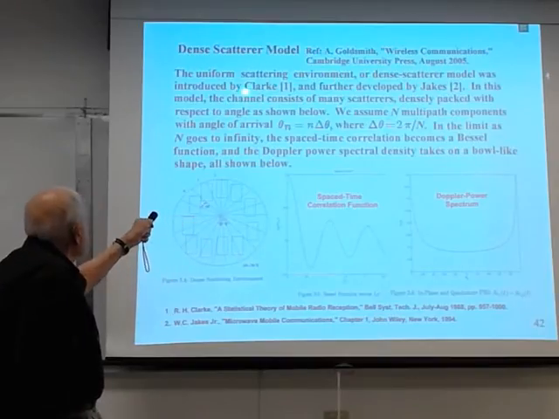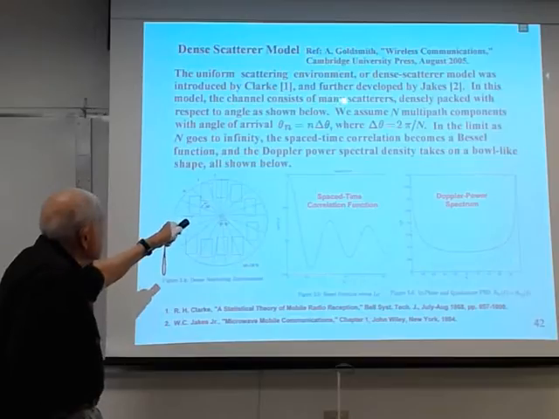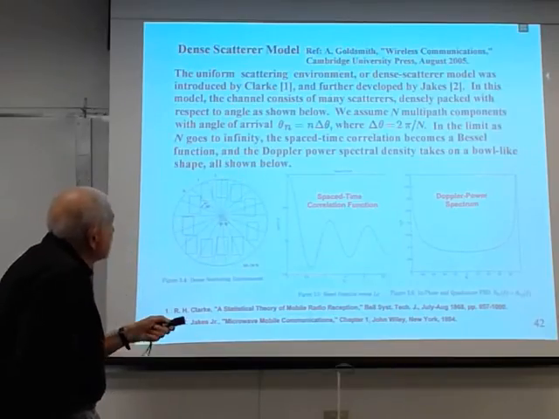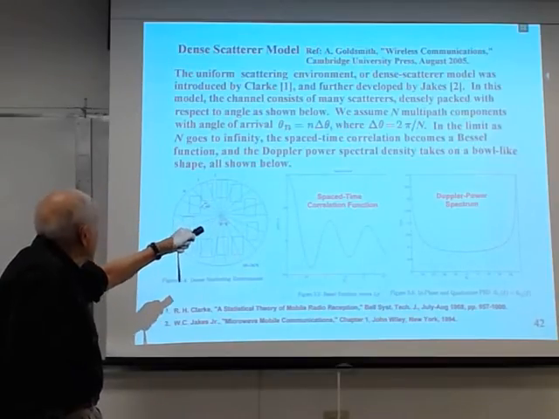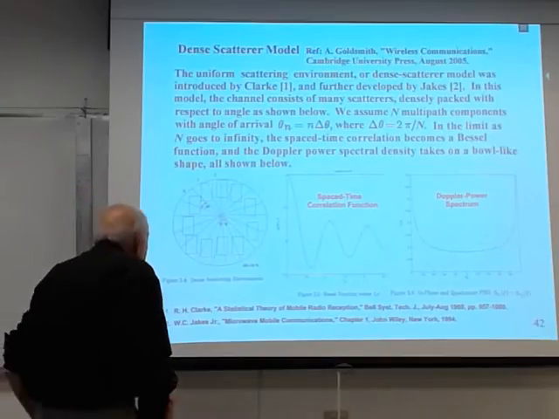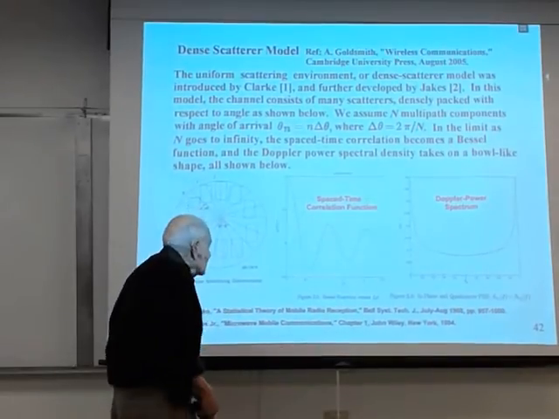Here's what the uniform scattering environment is. The scattering model was introduced by Clarke and by Jakes, and in this model, the channel consists of many scatterers around in a circle like this, densely packed with respect to the angle, and we assume N multipath components with an angle of arrival, and the automobile is driving in this environment this way.